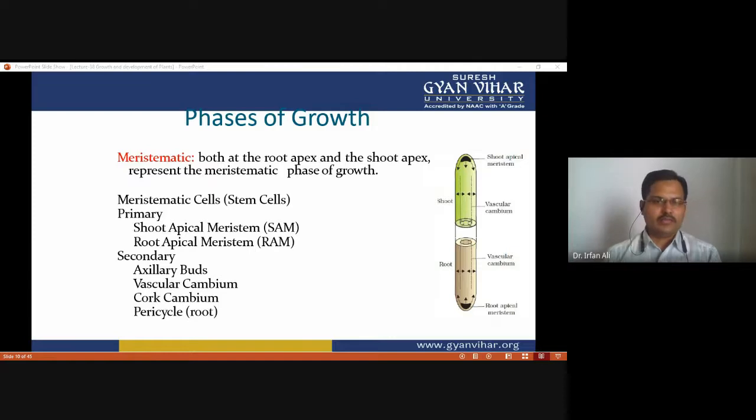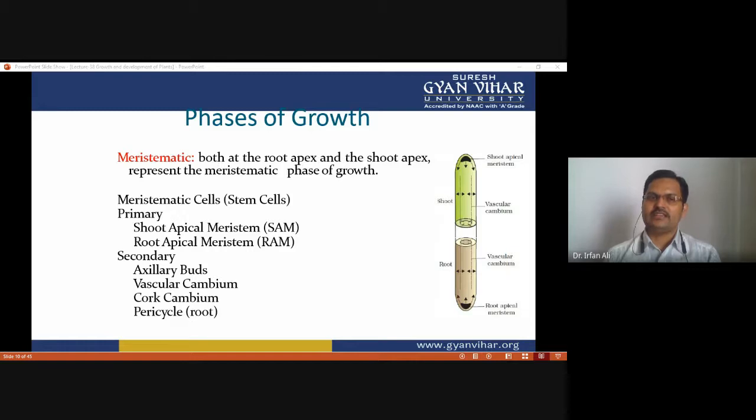The primary meristematic cells include the shoot apical meristem, the part at the tip of the stem or shoot, and the root apical meristem, the tissue present at the tip of the root. So these are the two kinds of primary meristem, shoot apical meristem and root apical meristem.